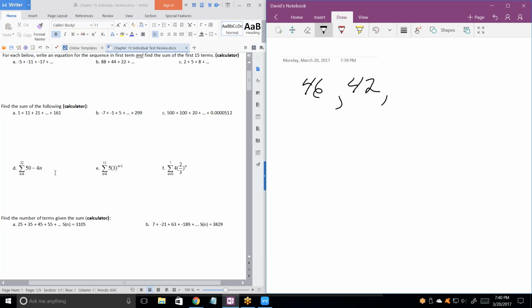Third term? 38. So this is an arithmetic sequence. That's first of all. That's why I listed the first 3 terms, so that we could tell whether it was geometric or arithmetic. And arithmetic sequences look like this, whereas geometric sequences look like E and F.